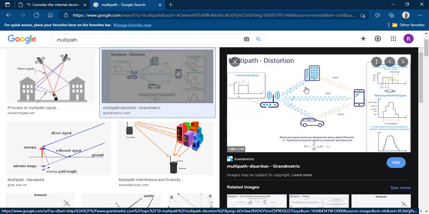So let's say there is a distortion caused somewhere over here in this particular path. This other path has no distortion. If there is a defect at this point in this path, there is no distortion in the signal at the same point in the other path.